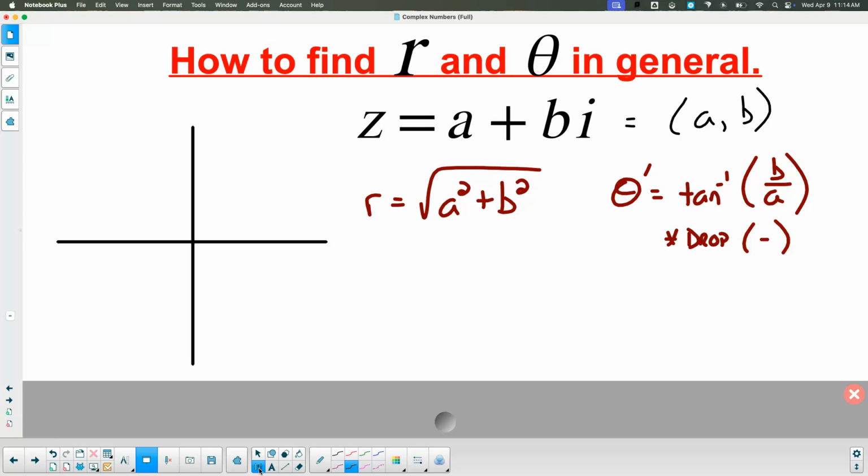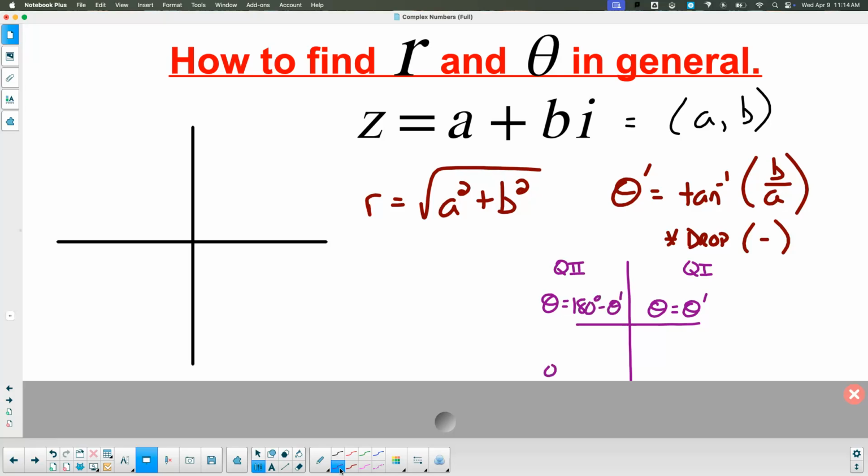Okay? And then from there, if we're in quadrant 1, theta is my reference angle. If we are in quadrant 2, theta is 180 minus the reference angle.